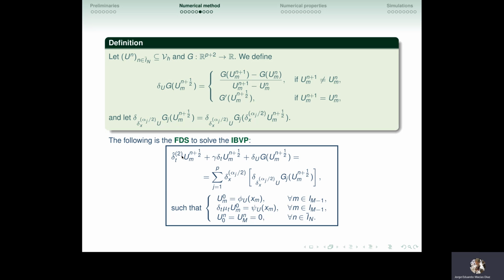And thus, the finite difference scheme to solve the initial-boundary-value problem that motivated our discussion is given by this system of discrete equations with initial conditions and homogeneous Dirichlet boundary conditions.